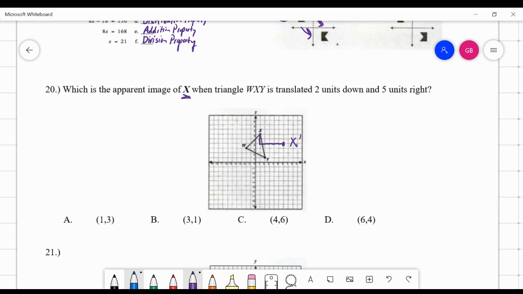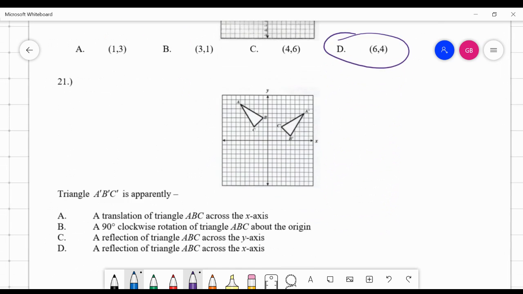This would be X prime. So B. Okay. If this is on your test, I would definitely make the graph bigger so it's easier for you to see.